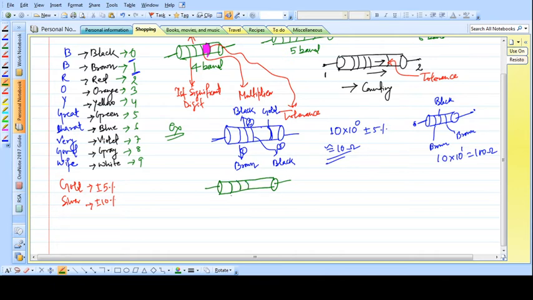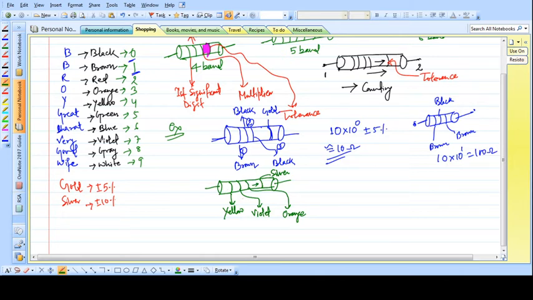The first band is yellow, the next one is violet, and the next one is orange. For the tolerance you have a silver band slightly away from the first three. So how do we write for yellow? Where is yellow?